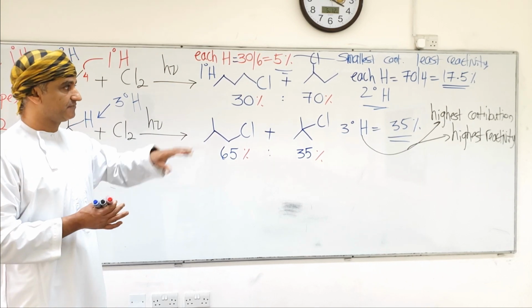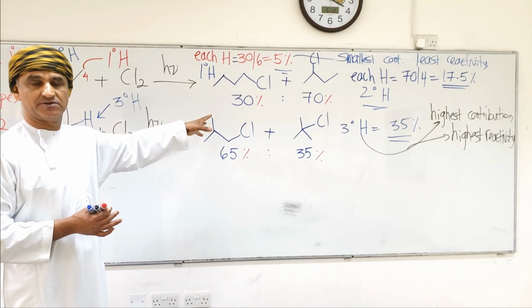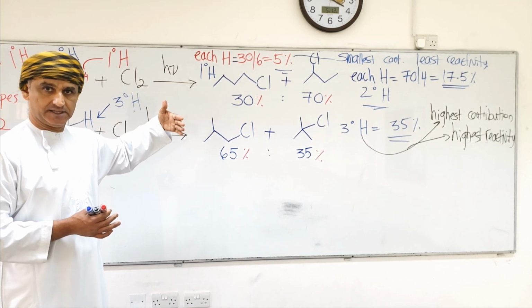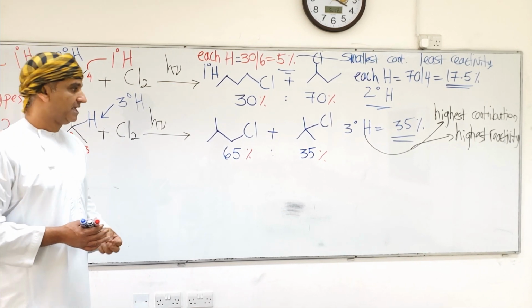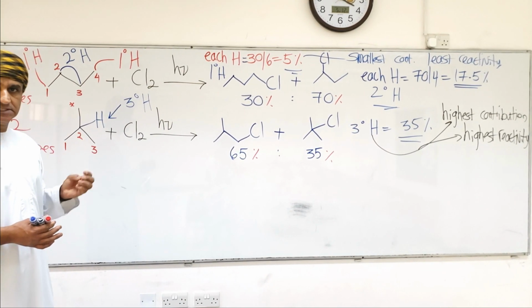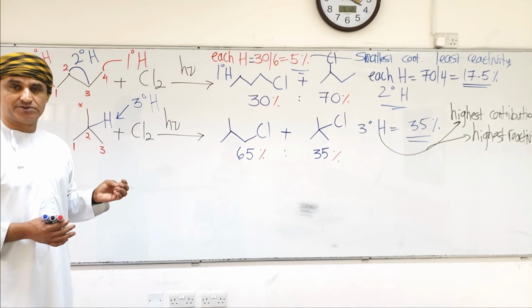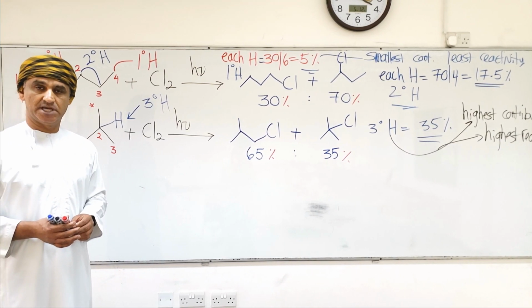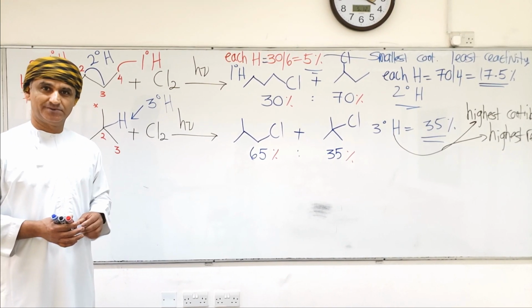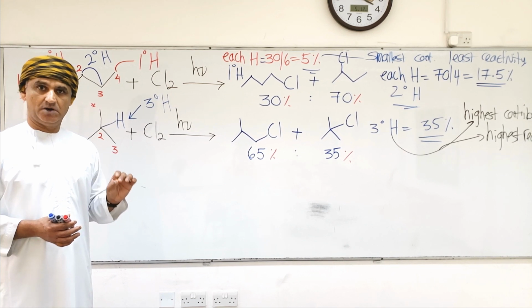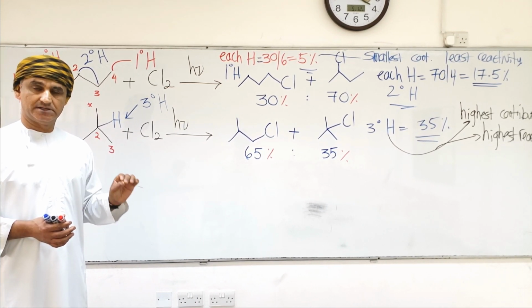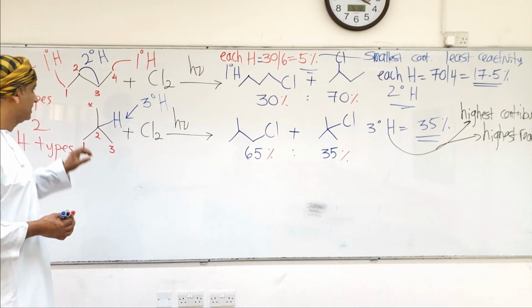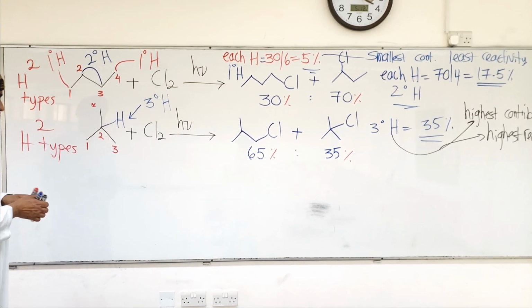So this is an observation or analysis of the numbers that are provided to us, but there has to be an explanation. And the explanation for this is due to the bond dissociation energy and also the stability of the intermediates involved in these reactions, yeah?